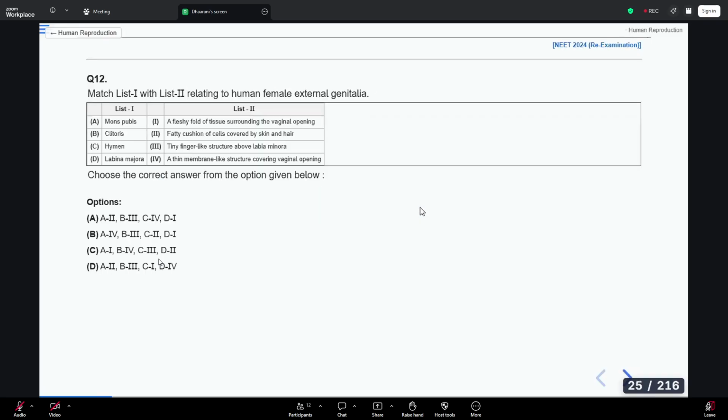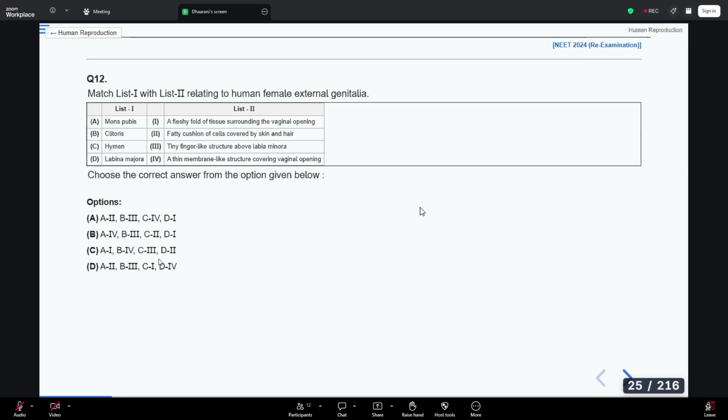What is spermiogenesis? What is spermatogenesis? Spermatid to spermatozoa, that is spermiogenesis.